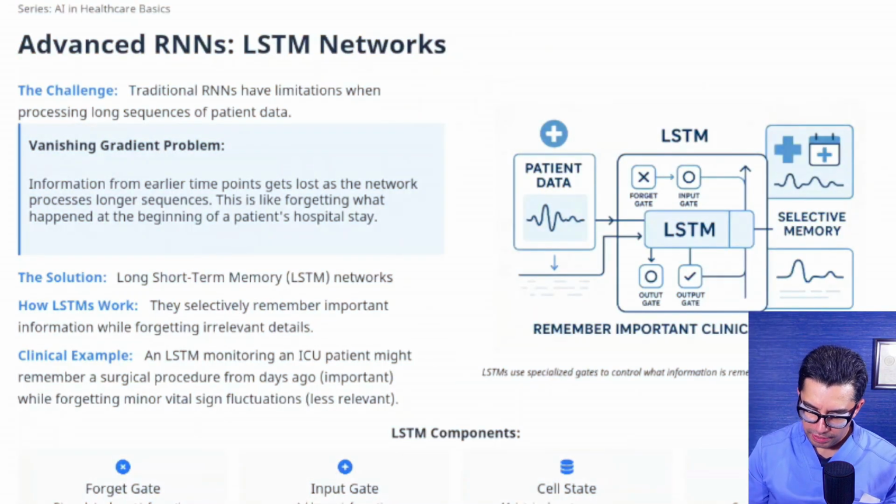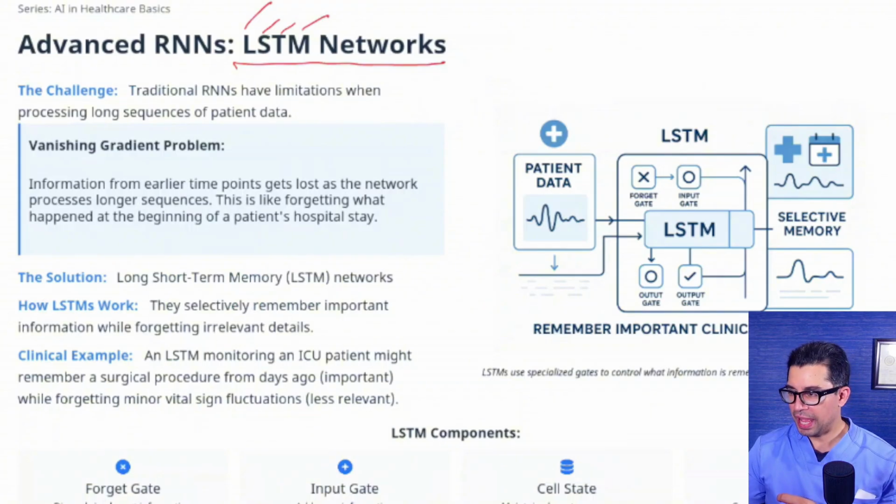Now, looking at LSTM, long short-term memory, these have been successful in healthcare applications because they can selectively remember important information over long periods while forgetting irrelevant details. Just like an experienced clinician, LSTMs replicate a smart clinician, not taking into consideration all information and homing in on the important information, basically the need-to-know information.